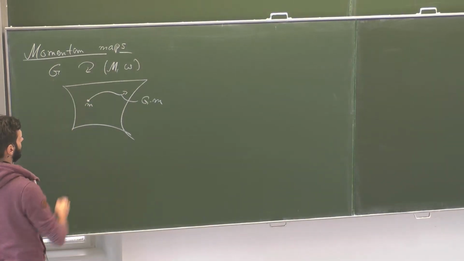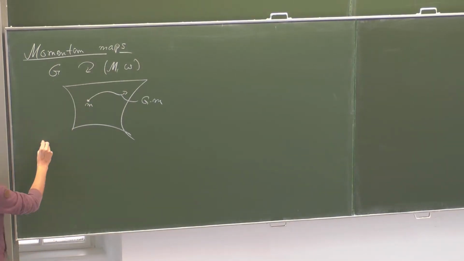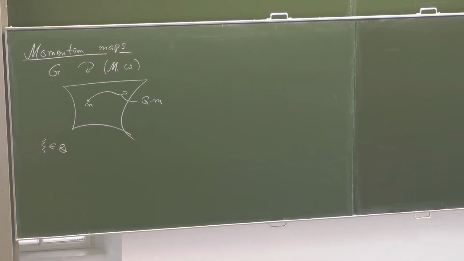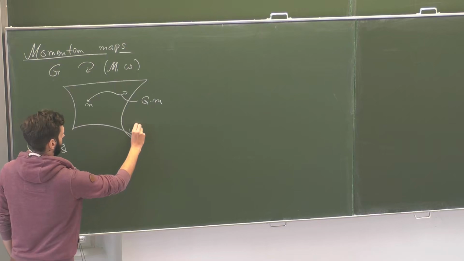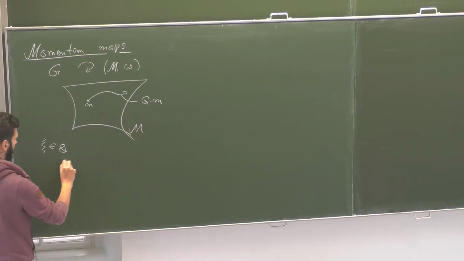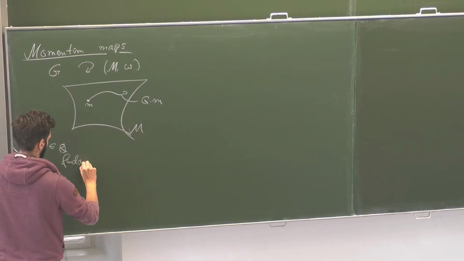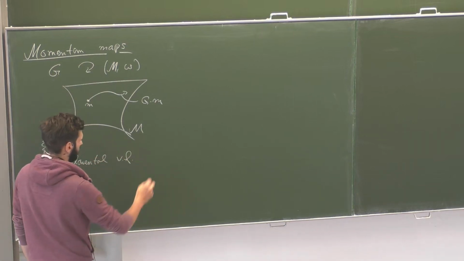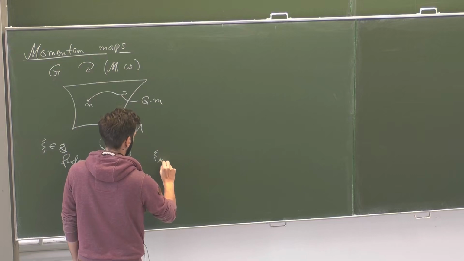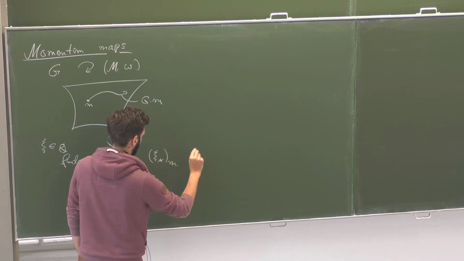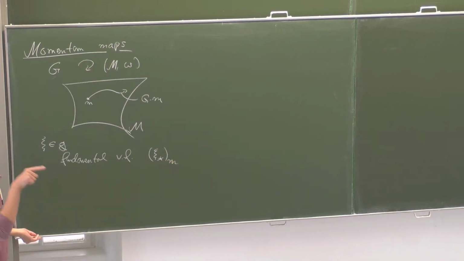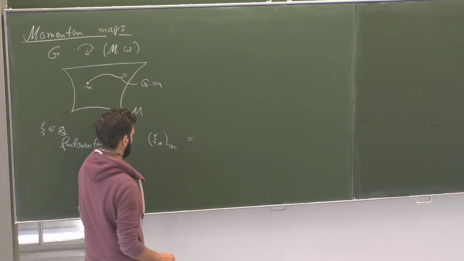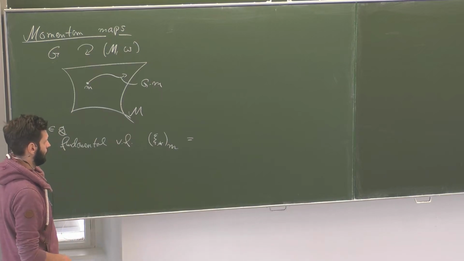And associated to that, we get something for every Lie algebra element. We get a certain vector field on our manifold M, which is called the fundamental vector field of the action. So that's a vector field on M. I have to give myself a point, and then I have to associate to that data a vector.